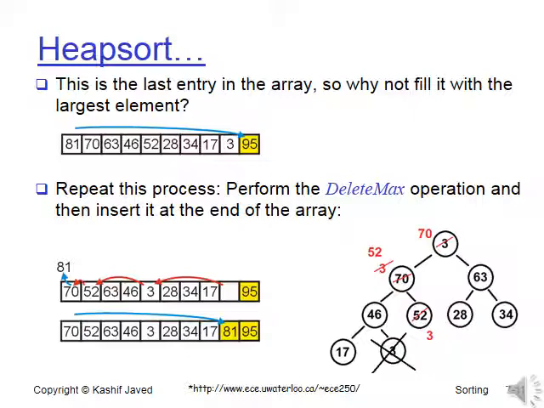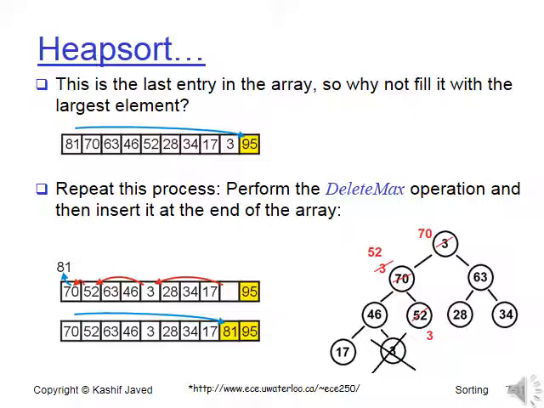Now let's repeat the process of delete max operation and then insert the max element at the end of the array. Let's follow through pictorially what gets replaced by deleting max node 81. Number 81 at the root node will be replaced by the last leaf node, which happens to be number 3.